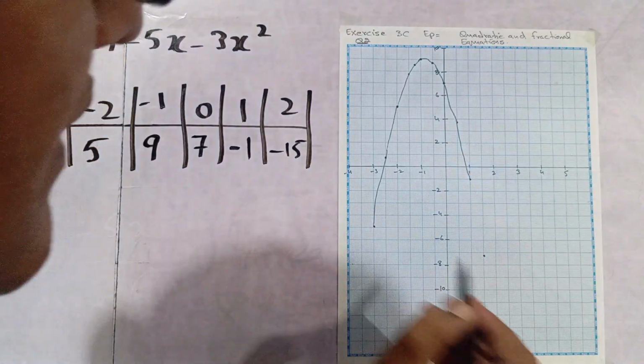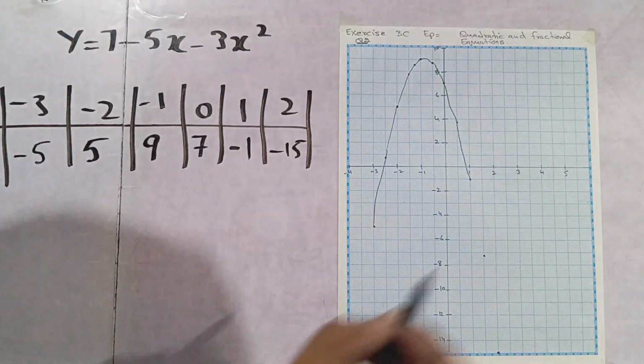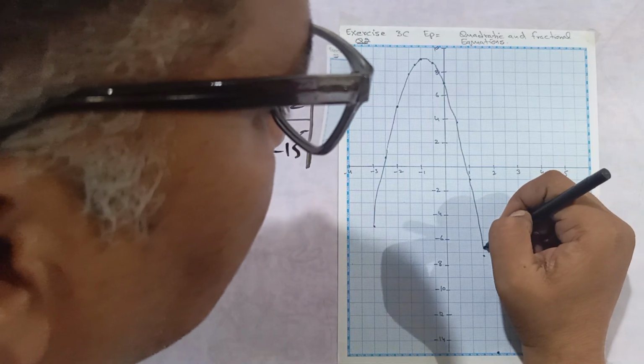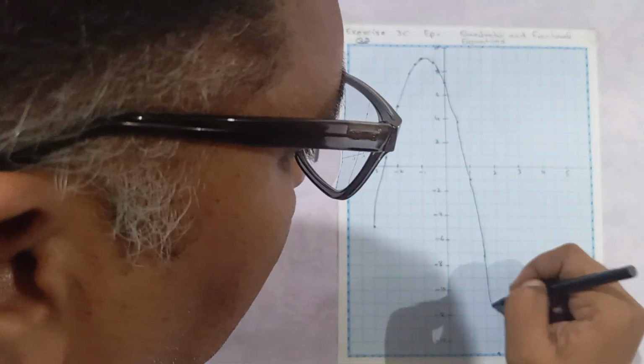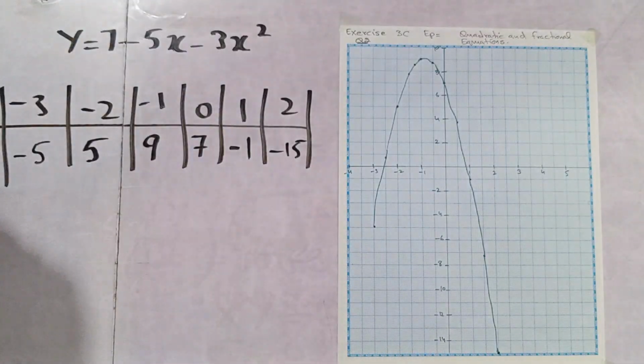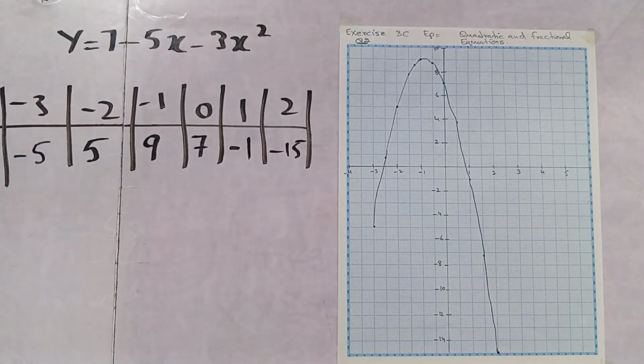So the position on which I am standing is okay. So this is that shape of the graph. This shape is called the parabola, and then they ask us a question.